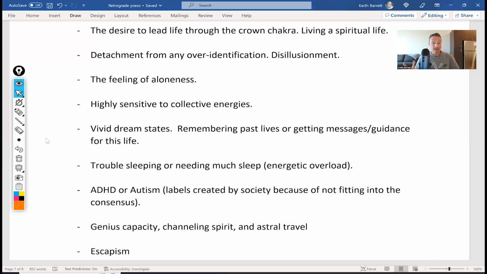The other thing is, we see labels in society as ADHD or autism, right? And we see a lot of that. And so ADHD and autism is a way of being for certain individuals that are not the typical, they don't fit into consensus reality and how we've constructed reality and how we feel people should operate, right?